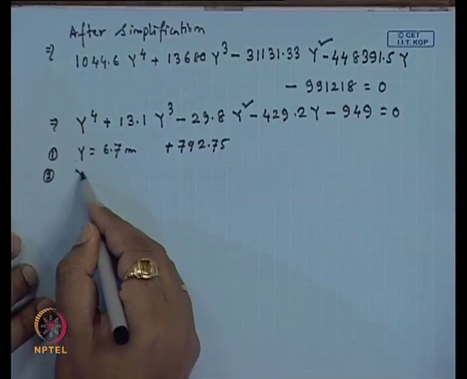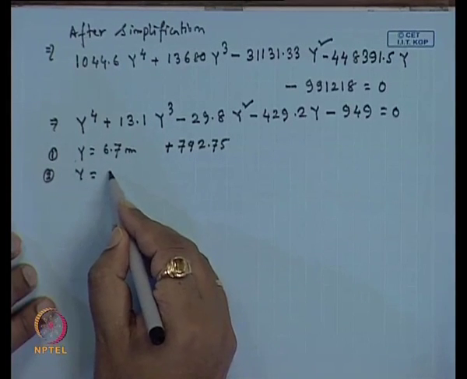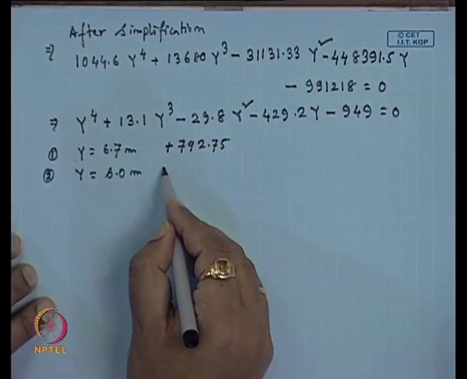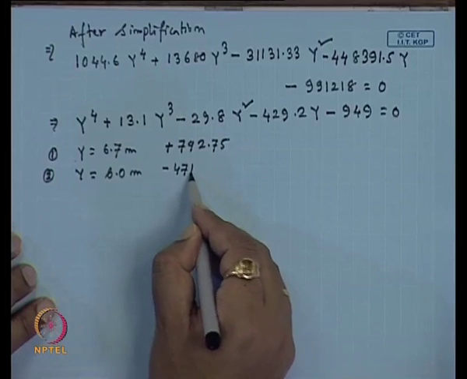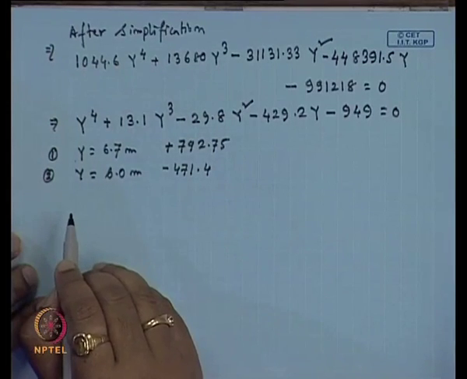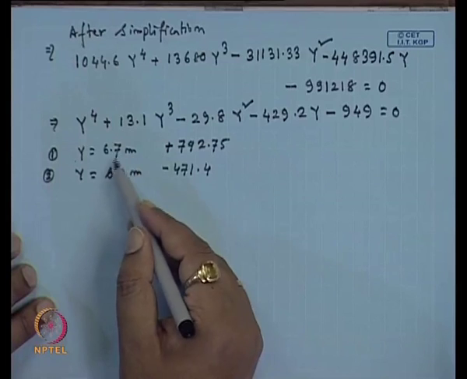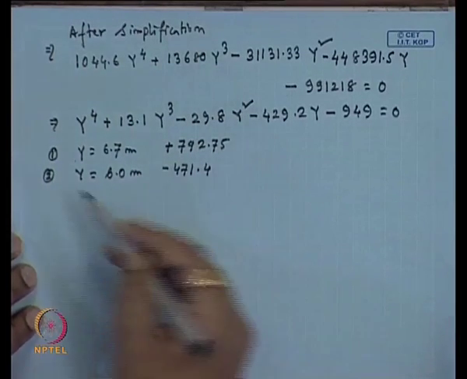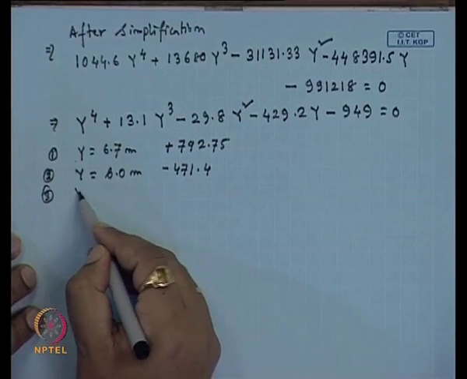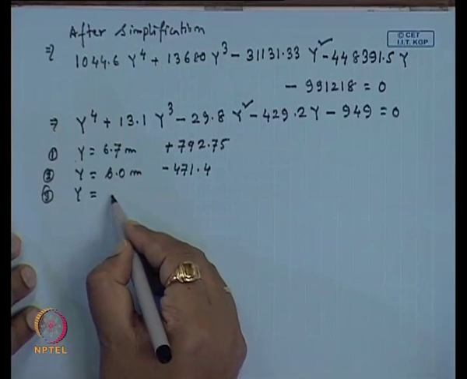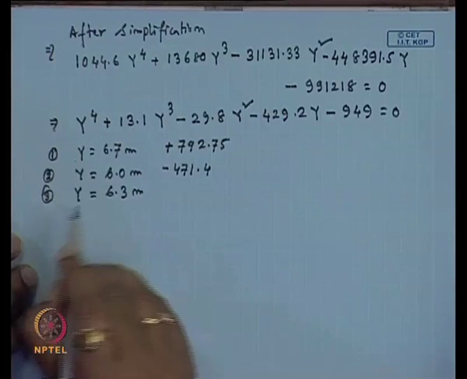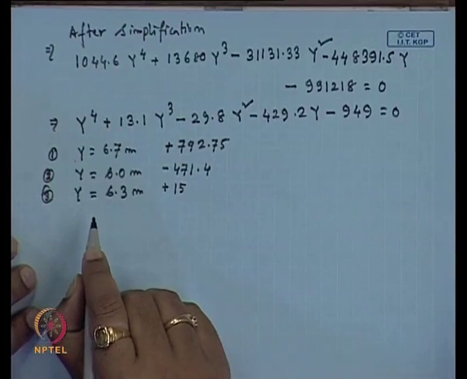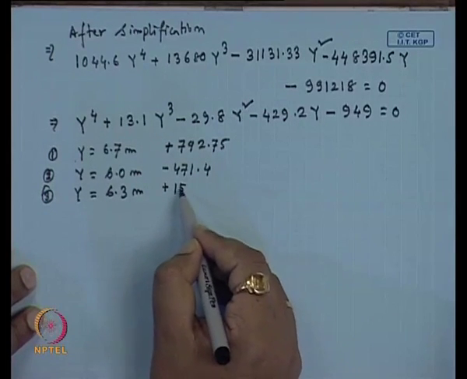In the next trial we consider Y equal to 6 meter. Then the left hand side we are getting is minus 471.4. So, that means it is in between 6 meter and 6.7 meter. In the third trial we consider Y equal to 6.3 meter, then we are getting plus 15 only, so it is close to 0.